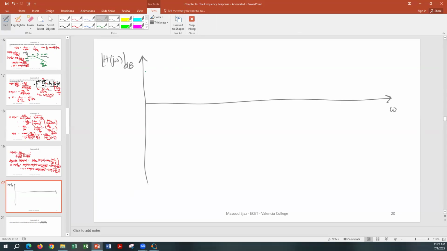Okay, the first line is 6 decibel. So let me see. There's 20, 40, 60, negative 20, negative 40, negative 60.